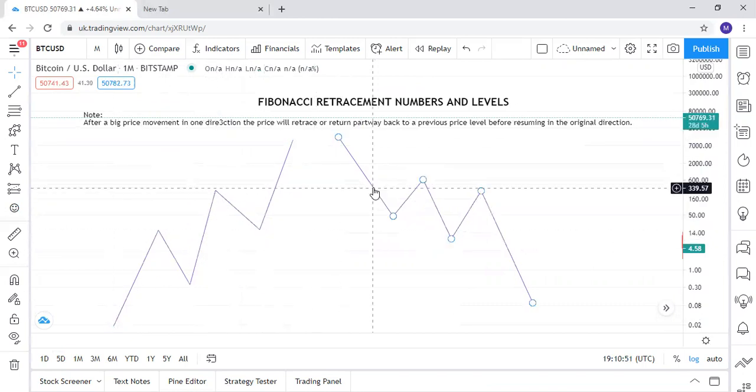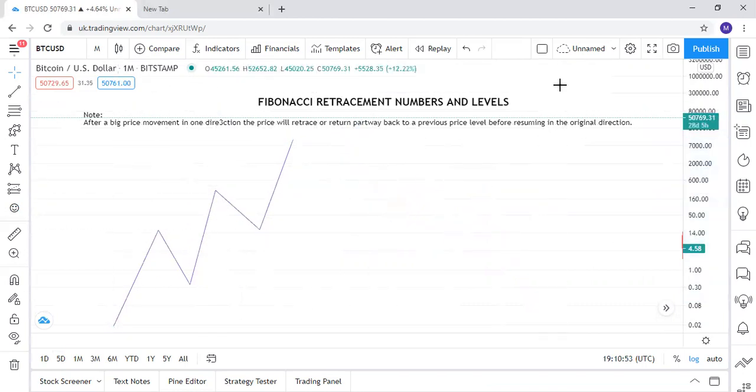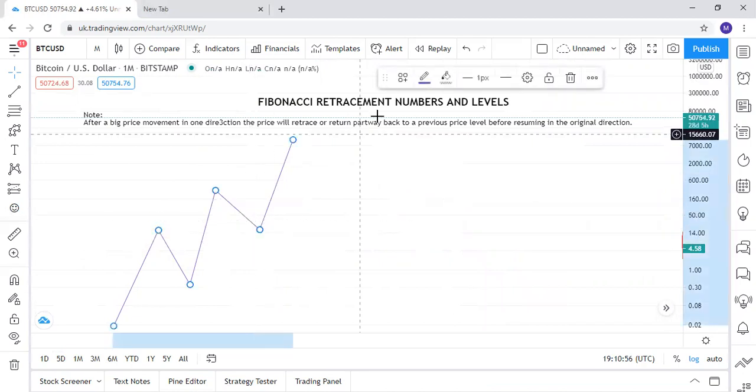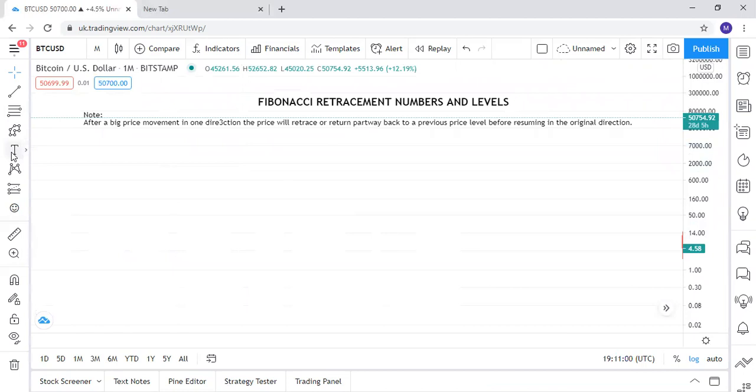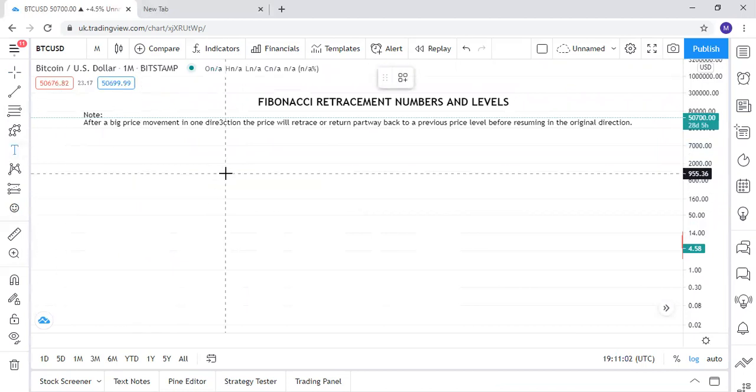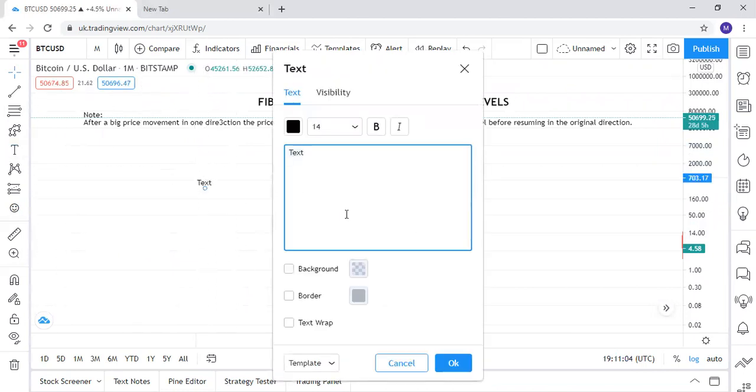Now, what do I mean by this? In Fibonacci, we have the 23.6 level. We have the 38.2 level.